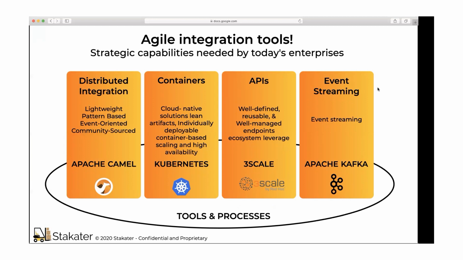Then it talks about APIs, how we can have our API management, and here we recommend 3scale, another open source but very nice and well-defined API management solution. And then, I'm pretty sure most of you know Kafka, a really nice tool for event streaming. If you put these technologies together along with your tools and processes, you can build what we can call an agile integration platform.